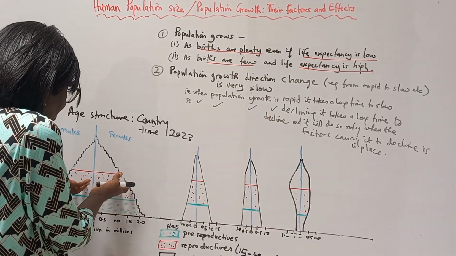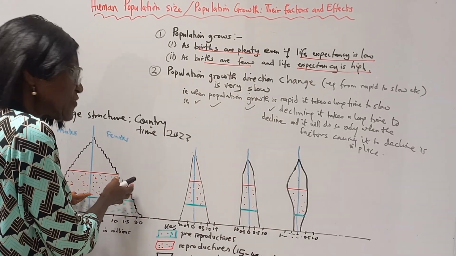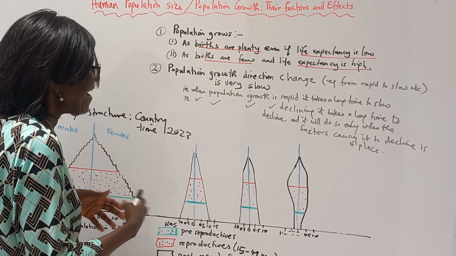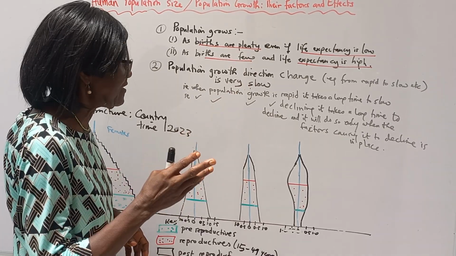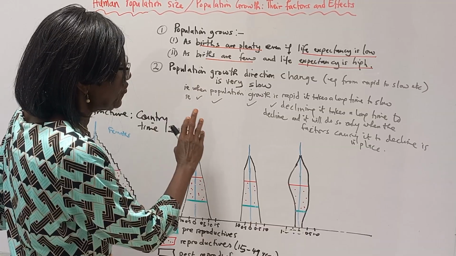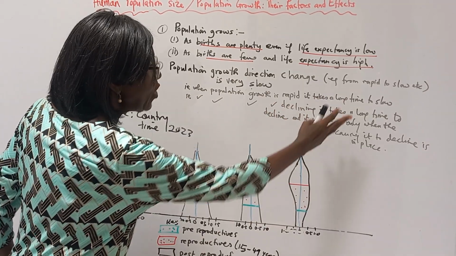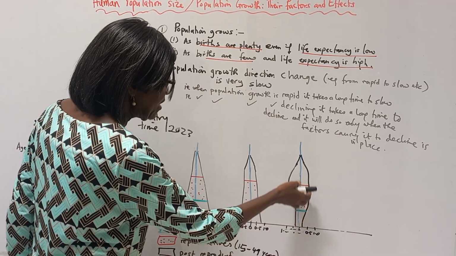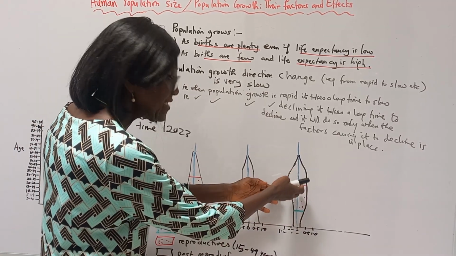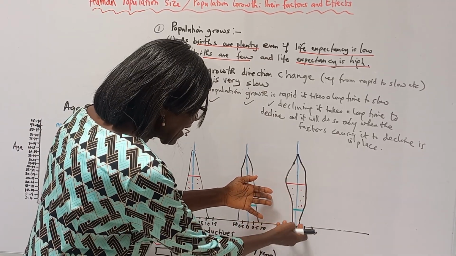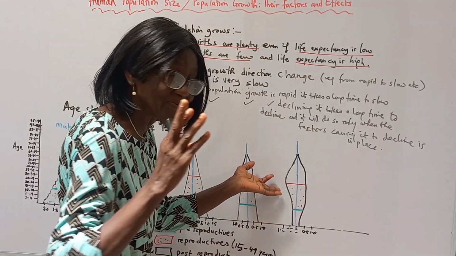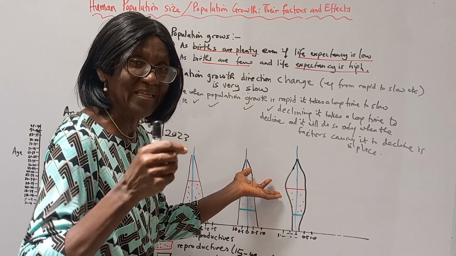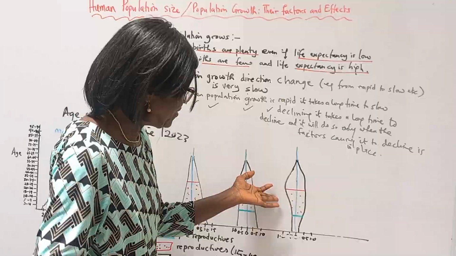Pre-reproductives will soon fill the category of reproductives and also produce, and the change will be very slow. Now, if the growth is rapid, it takes a long time to slow. If it's declining, like a declining population, it will go on declining so long as the factors that keep the birth low are in place. Then it will keep on declining.